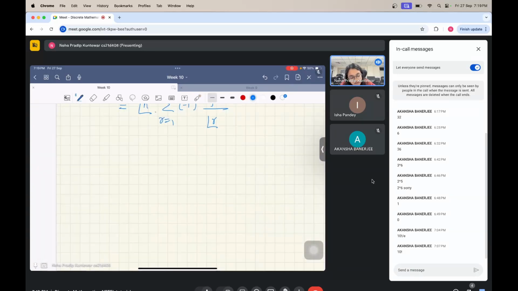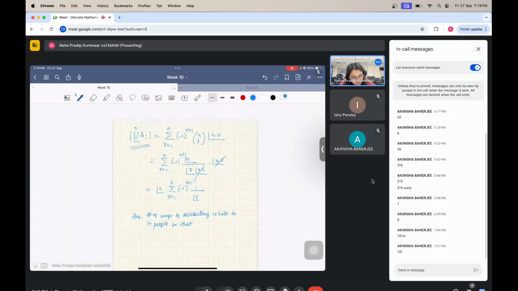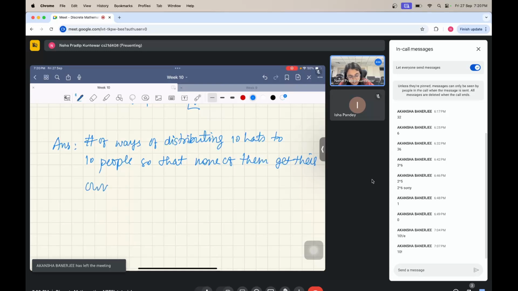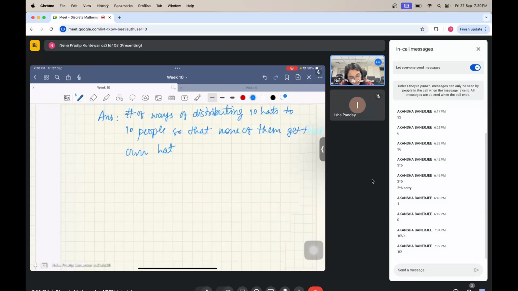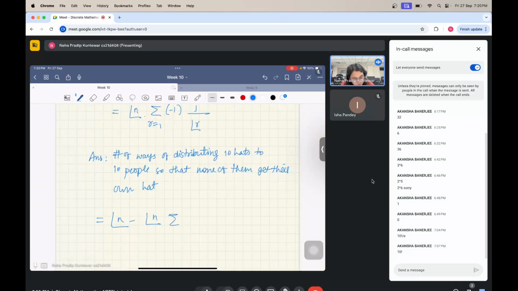So the answer that we want, or that is number of ways of distributing 10 hats to 10 people, so that nobody gets their own hat, is same as n factorial minus n factorial times the expression that we had here, summation r is from 1 to n, minus 1 to the r, 1 over r factorial.